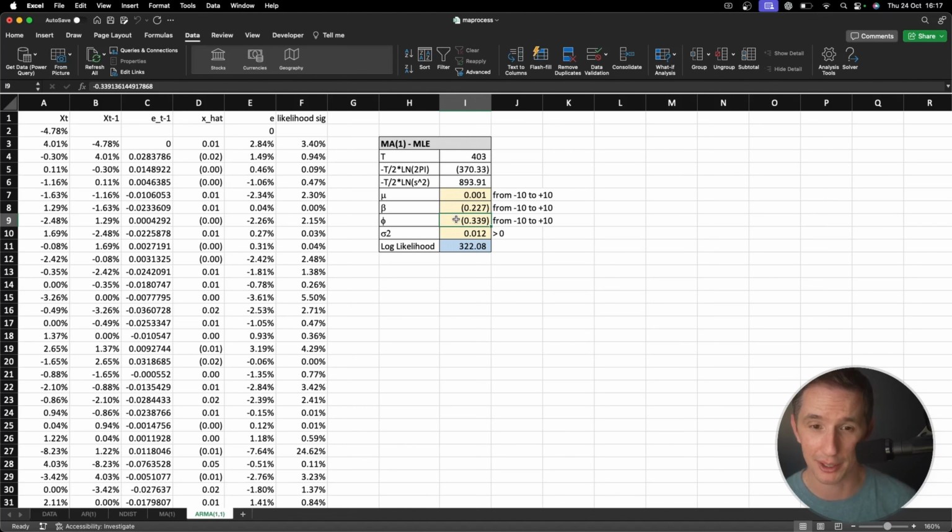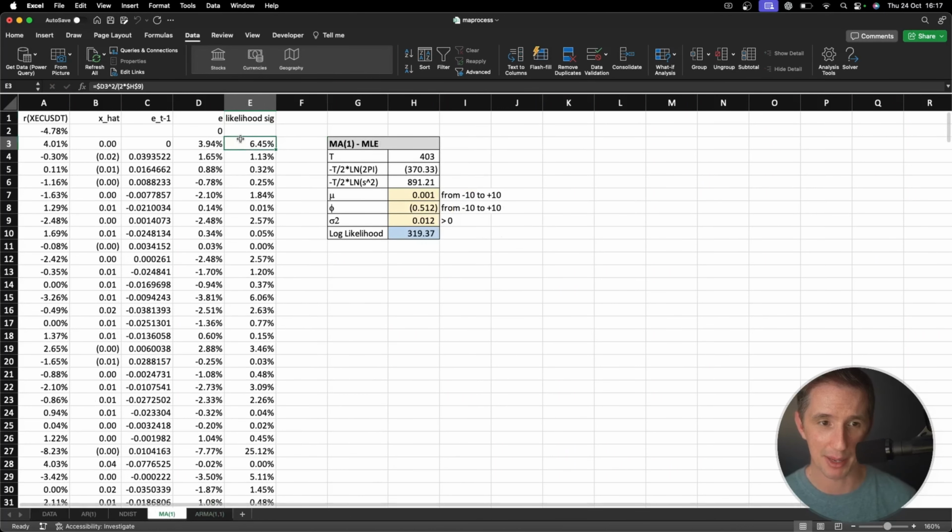This has been a lot to take in, but just to recap, what we've done here is fitted, in fact, we'll talk about it in the context of an ARMA model, we have fitted a probability likelihood density curve to our data here.